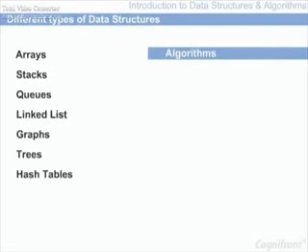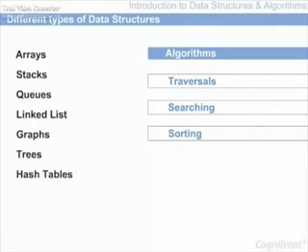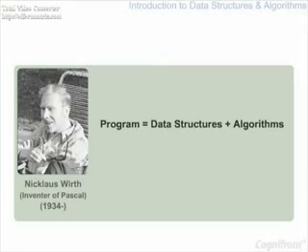These data structures have their own algorithms like traversals, searching, and sorting. Nicholas Wirth once said, program equal to data structures plus algorithms.